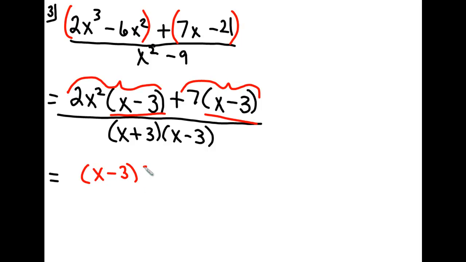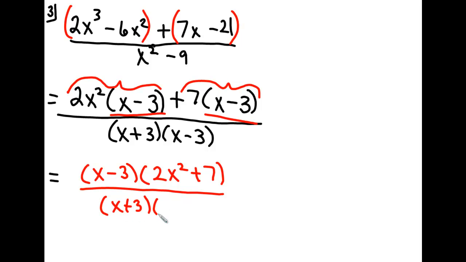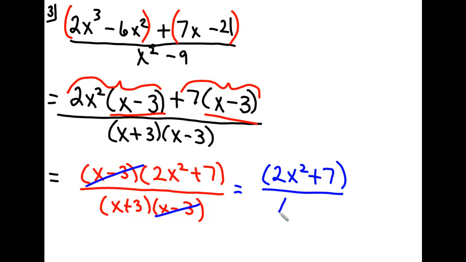What's left over stays inside parentheses, and we just combine them: 2x squared plus 7 over x plus 3 times x minus 3. At this point, we can cancel, and that leaves 2x squared plus 7 over x plus 3.